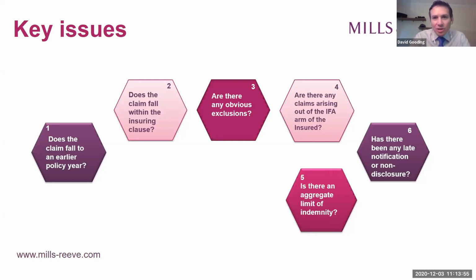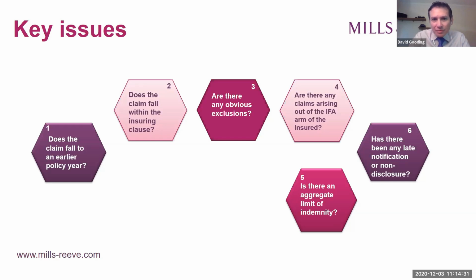It means if the insured has notified a matter late, and they've got to notify circumstances and claims within a reasonably practicable time period, if they're late with that, and that has led to claims handling prejudice, insurers will have to pay out on the claim and then seek some form of reimbursement from the insured afterwards. The best example of this is where the insured sat on a claim, hasn't notified it, and then proceedings get issued, and insurers have to incur additional costs instructing lawyers like us to deal with the litigation.